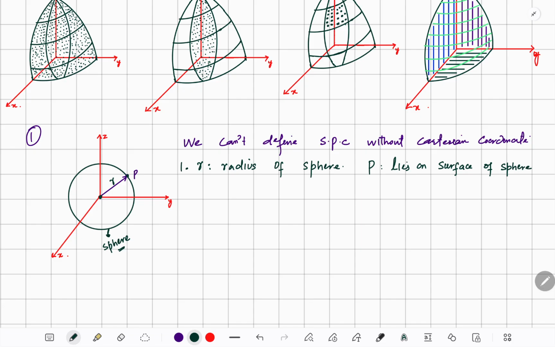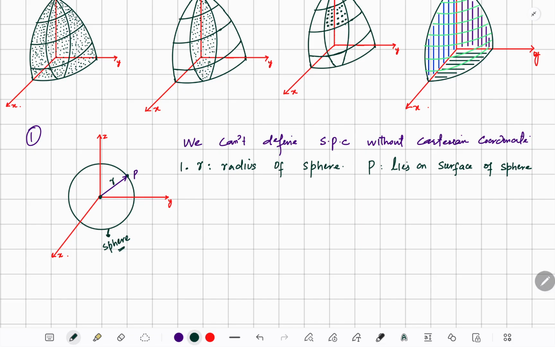I'll go a bit easy in this video because some students feel very confused about this system, but I assure you that it is actually very easy and handy. That's why physicists have incorporated this coordinate system into physics. So P is any point, and r is the radius of the sphere. Every point on the sphere has the same radius.